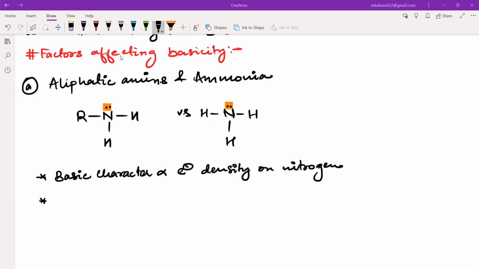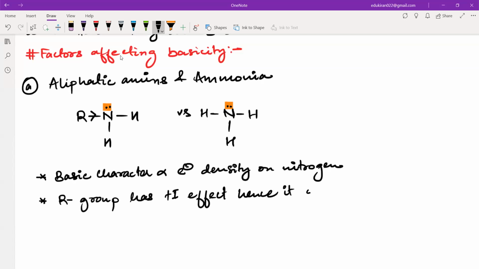Now, increasing electron density, R is a plus I group. So it is going to give electron density towards nitrogen. So there will be more electron density on the nitrogen, and hence we can say the R group has plus I effect.